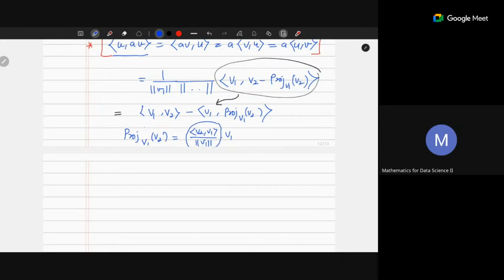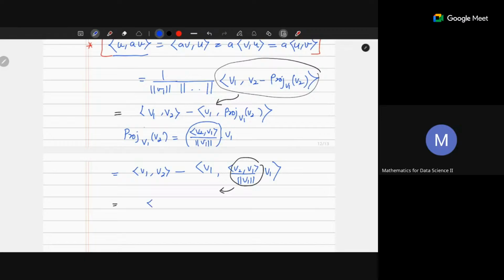This whole thing is a real number, so you can take it out.